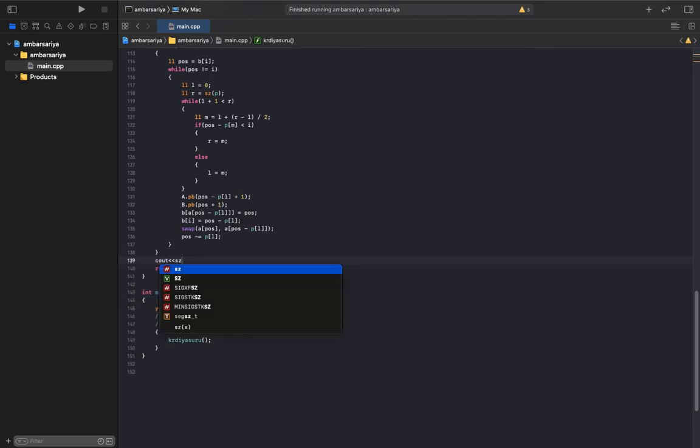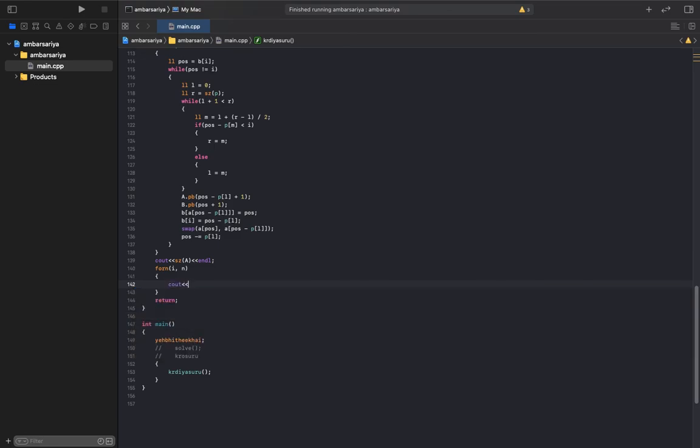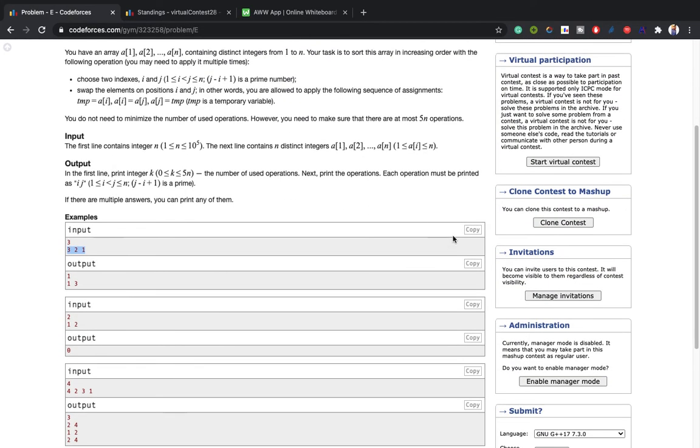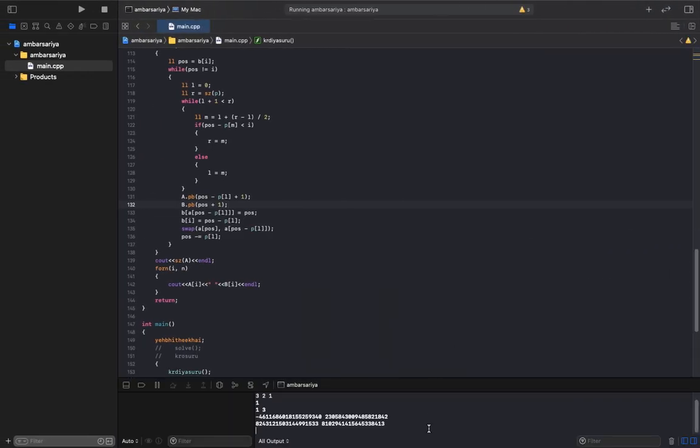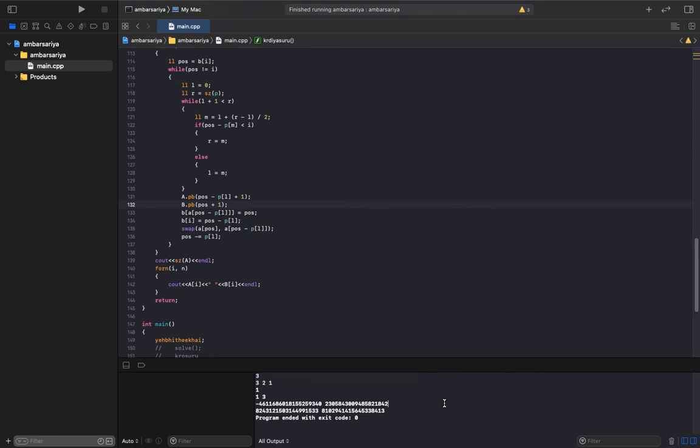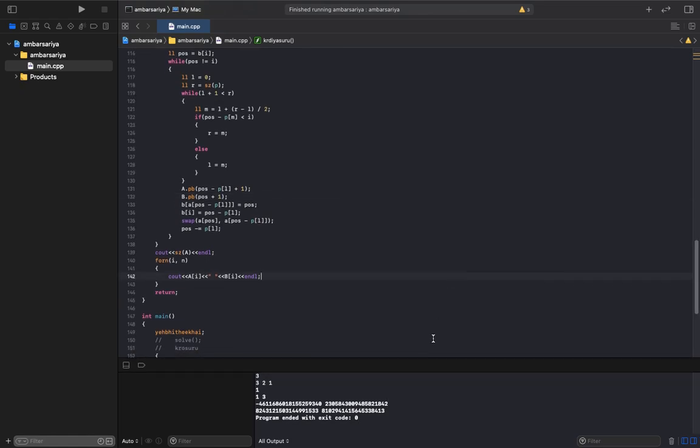Print out the size of A, how many operations we did, and now print the swaps. Let's check. Yeah, I'm getting some garbage.